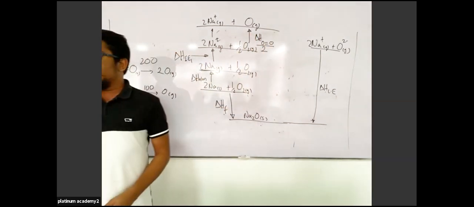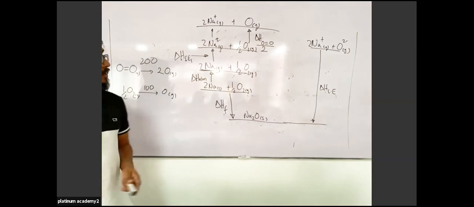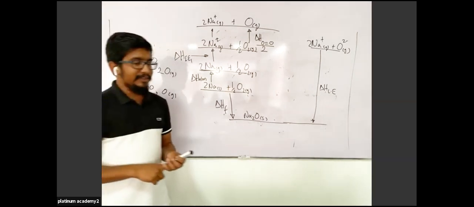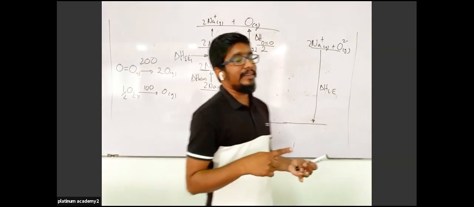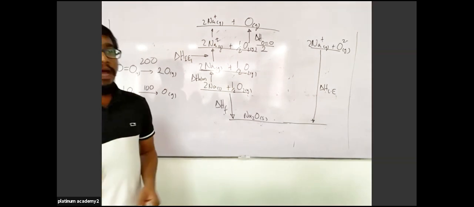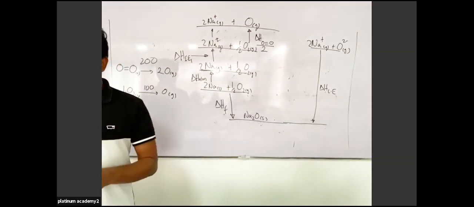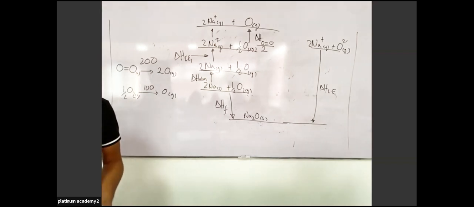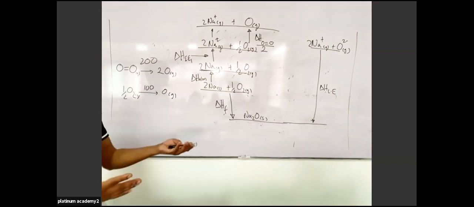Remember the things I've told you all. Atomization of oxygen won't be given in the exam. Atomization of fluorine won't be given. Atomization of chlorine won't be given. Nitrogen won't be given, because we can use bond enthalpies instead of atomization. The examiner will never give us atomization of oxygen, chlorine, or those non-metals.